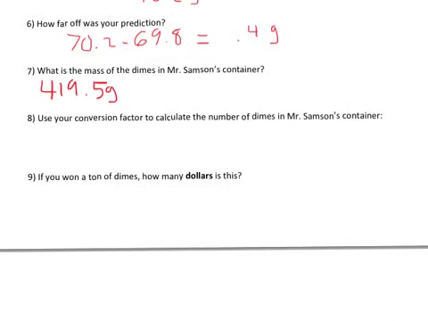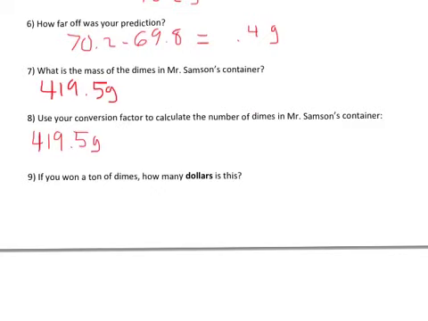Okay, so what I'm going to do is this. I take the mass that I found for Mr. Sampson's dimes. Hopefully what you found was not this value. This is not how many grams there were. I had quite a few less than that, but this is the process. You had grams, and I want to convert that into a number of dimes.